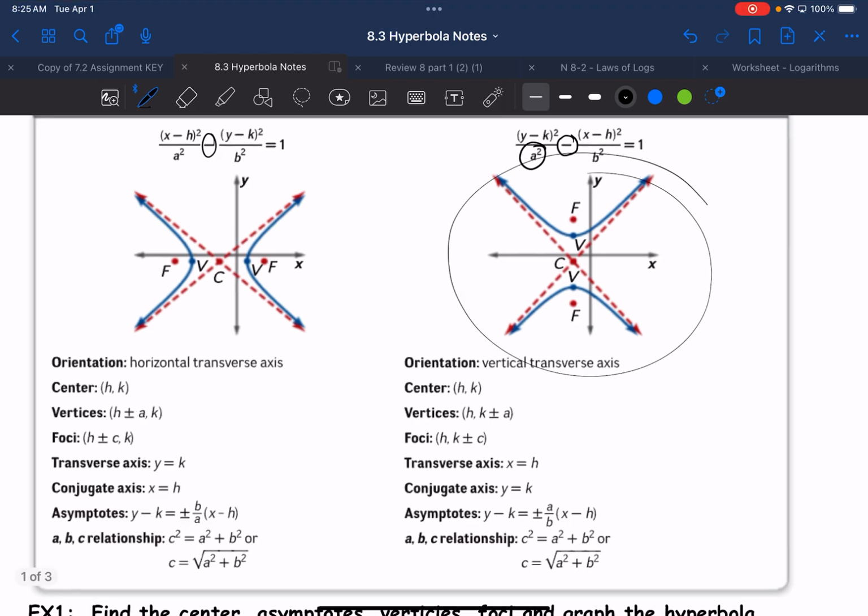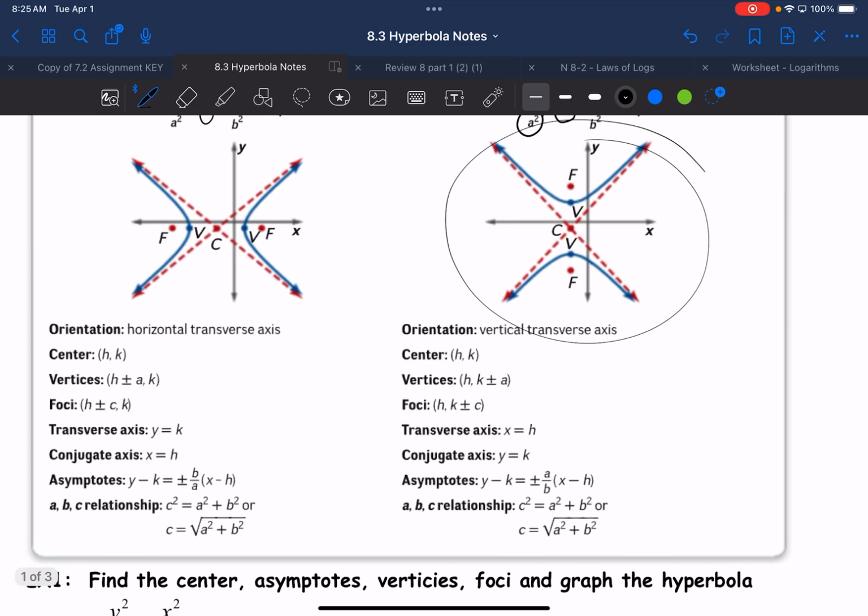But as long as y is over the a squared, we'll have something running vertically, right? Okay. So it goes over the orientation, so which axis is their major axis. When a squared is under x, it's horizontal. When a squared is under y, it's vertical. Your center is still (h, k). You still find your vertices from your h plus or minus a or your k plus or minus a, because your a is still going to give you the vertices on your major axis.